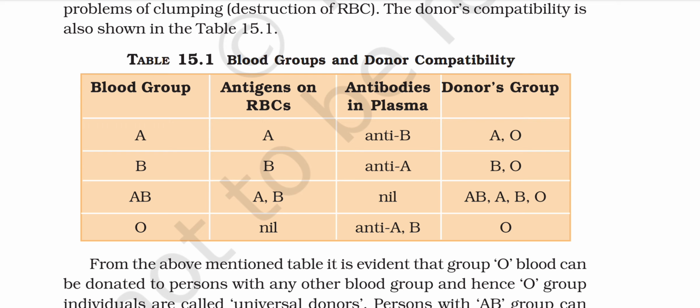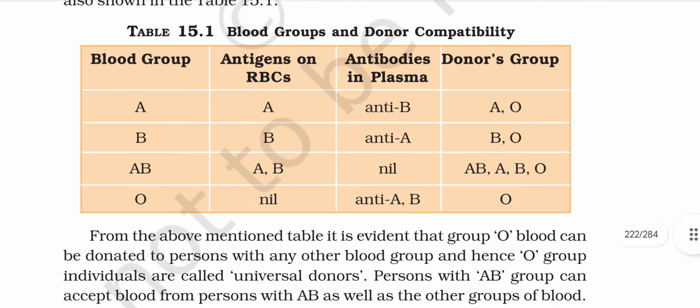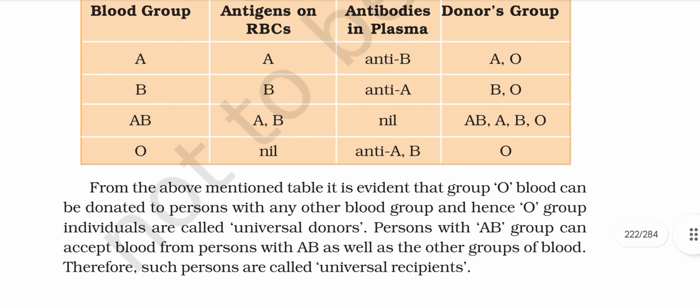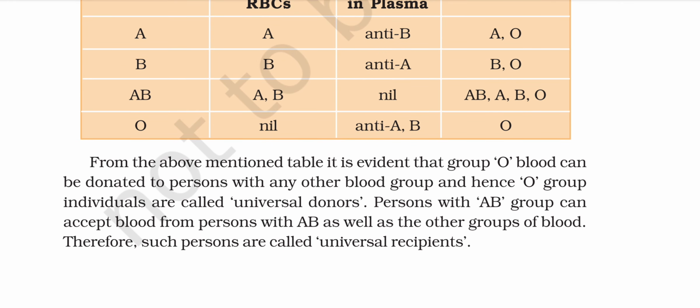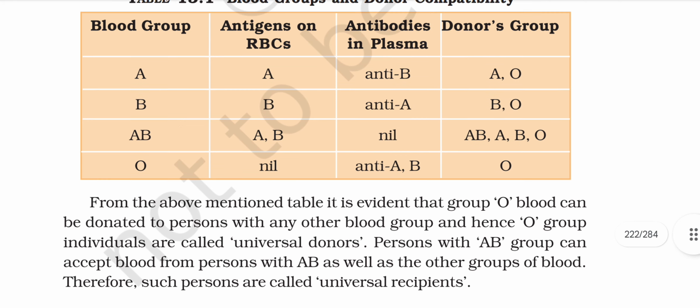O is a universal donor, but AB is a universal recipient. AB can receive anything, O cannot receive anything. The O blood group is the unluckiest, because it cannot take blood from anyone.